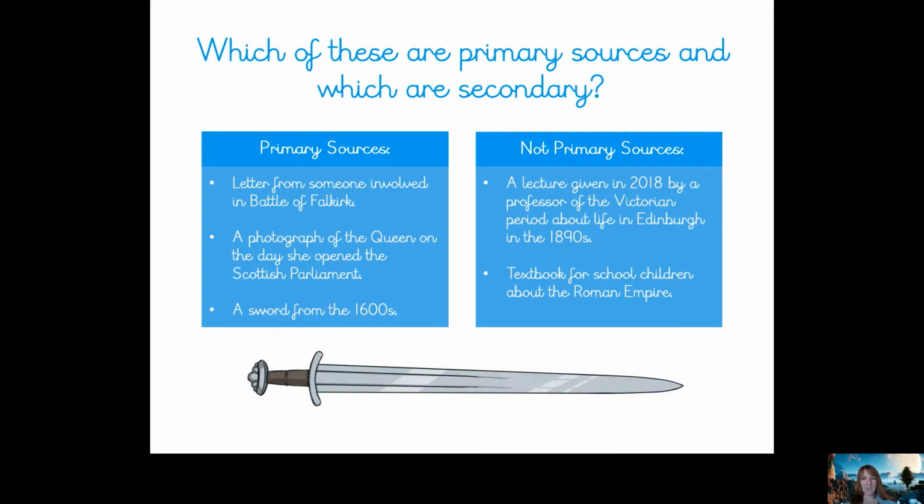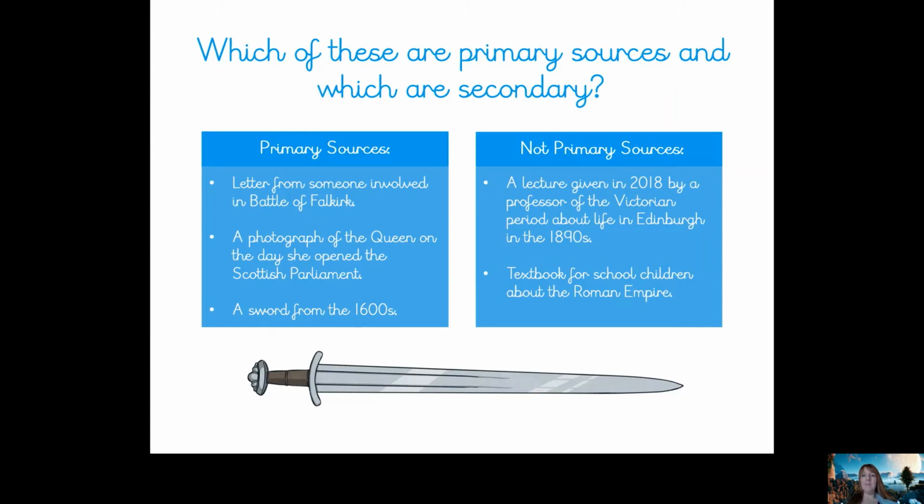A lecture given in 2018 by a professor of the Victorian period about life in Edinburgh in the 1890s, and a textbook for school children about the Roman Empire. So they're both not primary sources because they aren't actually artifacts or sources from that period in time.